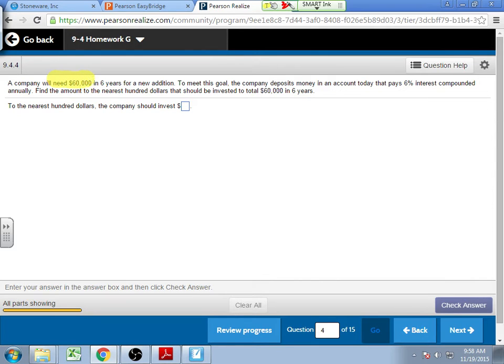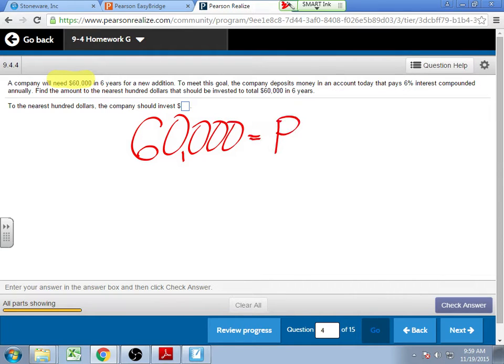They'll need $60,000, which means that $60,000 is actually the ending balance. So what you'd want to set up is $60,000 is equal to, we don't know the principal, 1 plus, well, my rate is the 0.06 and it's compounded annually, so it's still just 0.06 to the 6 years.